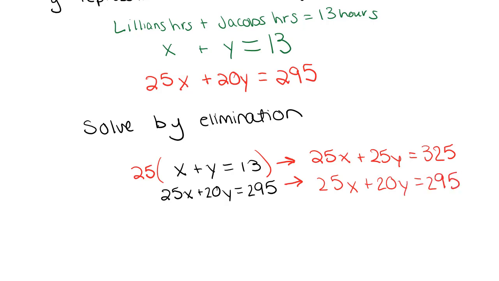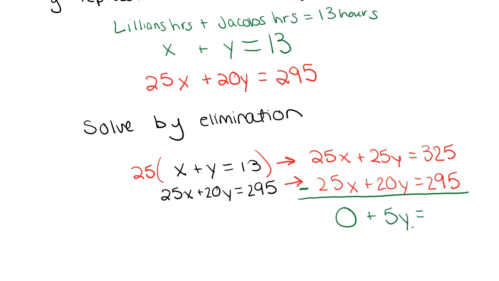All right, next up, adding and subtracting. So the 25s have the same sign. So when I subtract them, I get to 0. So I'm going to subtract both equations here. And we get 25x minus 25x is 0. 25y minus 20y is 5y.